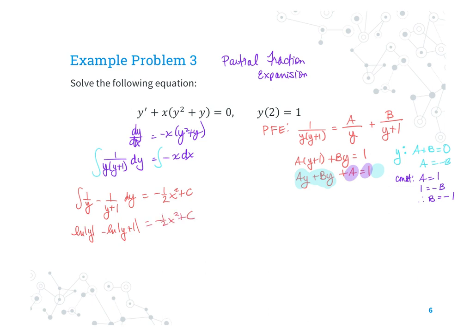So if you remember the rules of logs, then we can put this together as the natural log of the absolute value of y over y plus 1 equaling negative 1/2 x squared plus c. And again, we pull our same trick, make both sides a power of e. So we end up with y over y plus 1 equaling c e to the negative 1/2 x squared.